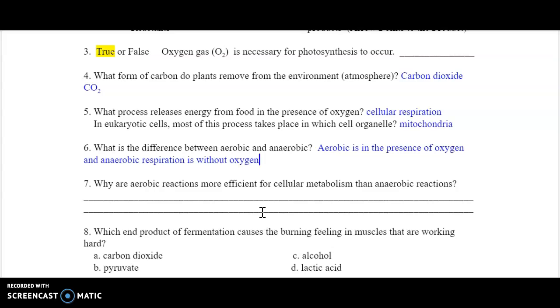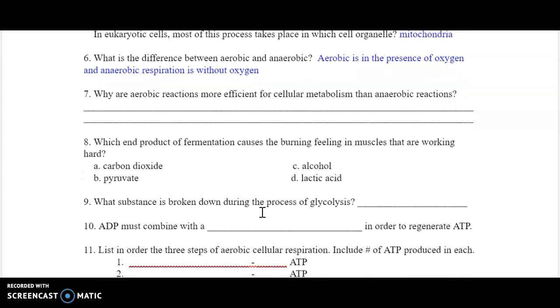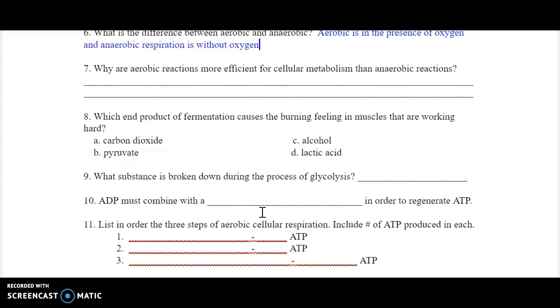So why are aerobic reactions more efficient for cellular metabolism than anaerobic reactions?